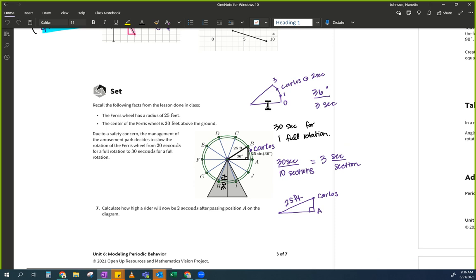So imagine this piece of pie being cut into thirds. So each angle is now going to be 12 degrees. Does that make sense? So how does that help me?